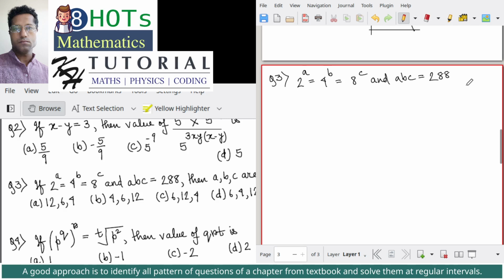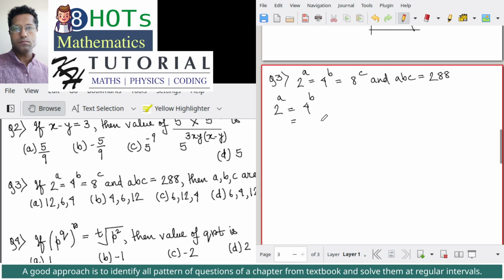Let's see how we solve this. Let's see from the given equations what we can get. We have 2 to the power a is equal to 4 to the power b. What is 4 to the power b?